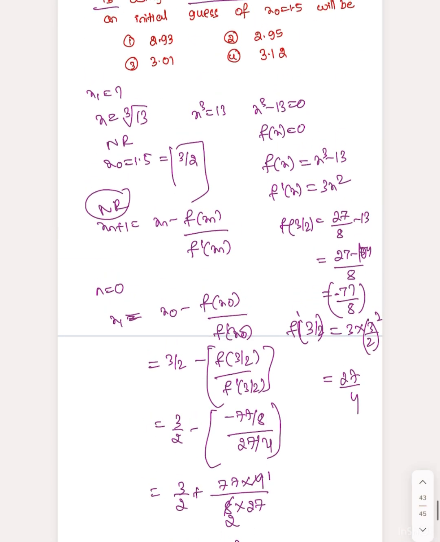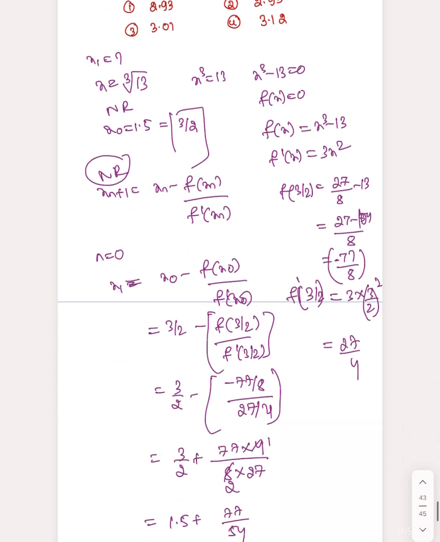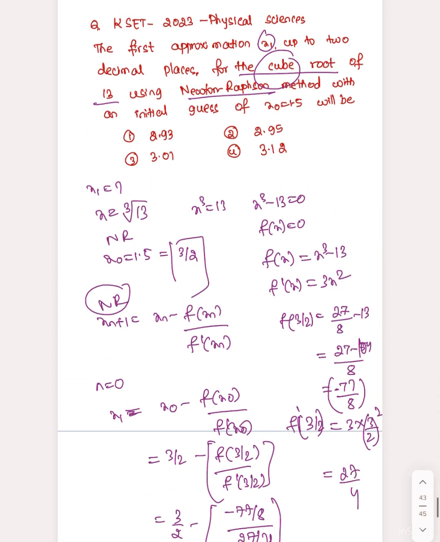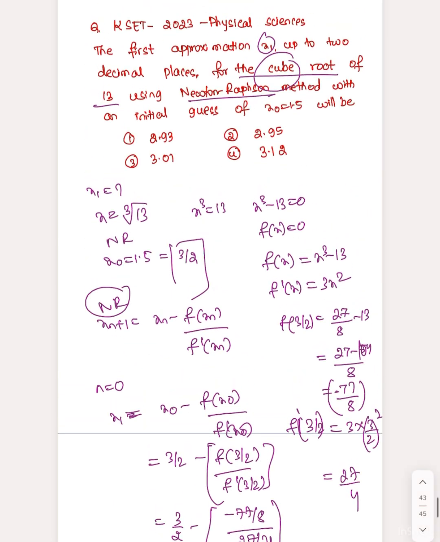It's 2.92, or 2.925 means 2.93. So this is approximately equal to 2.93. Therefore x1 will be 2.93, and the correct option is option 1. So that is 2.93. This is about KSET 2023, which has been asked in physics.